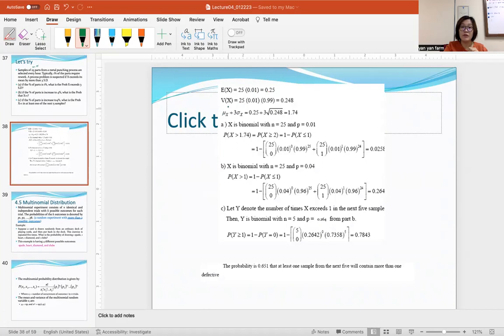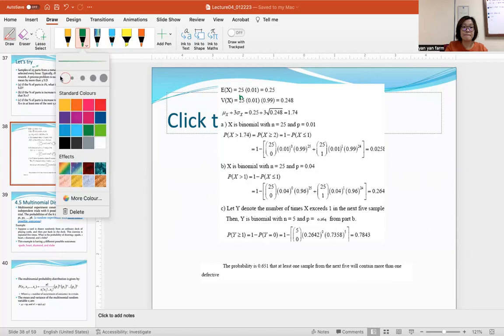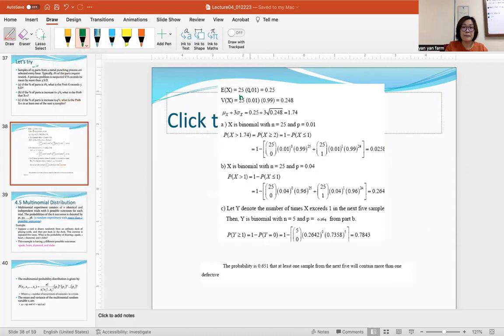Your variance is npq, you still remember? q, or you can write it as 1 minus p.